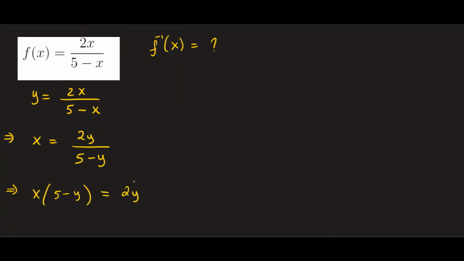And then from here, I'm going to go ahead and distribute the x because we're solving for y, so you want to isolate y. So by distributing x on the left-hand side, we have 5x minus xy is equal to 2y.